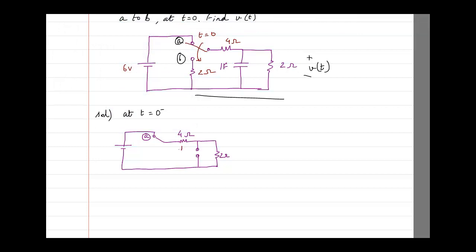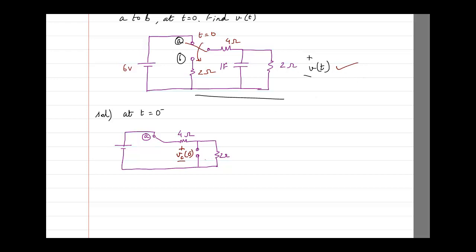This is going to be plus minus V C of 0 minus, that is the capacitor voltage. And that is the same voltage that we are having, V of t. So it's one and the same thing.